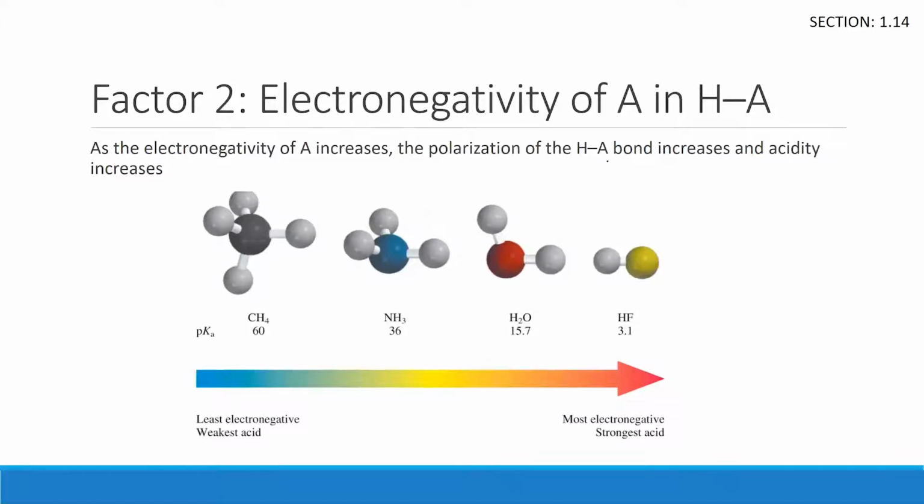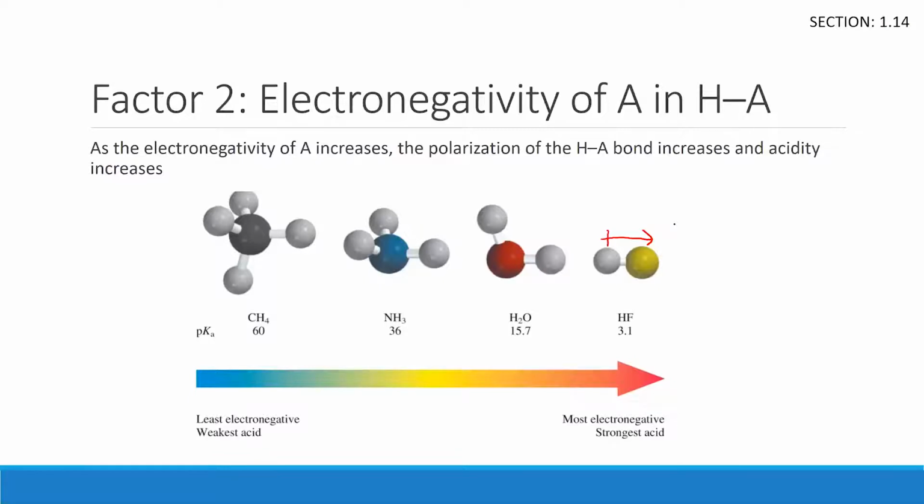Now, as you make the atom next to the hydrogen more electronegative, you're going to increase how polar this is. Remember, this is going to increase how much electron density is going to occur on this bond.